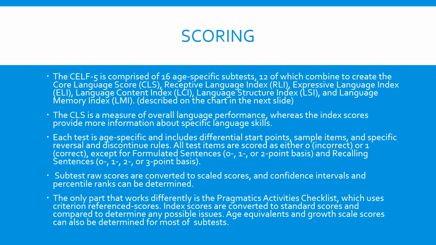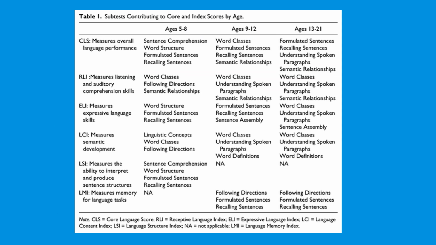And age equivalence and growth scale scores can also be determined for most of the subtests to see where students rank next to kids their own age and how much they may have changed or improved since testing previously. So here you guys can take a look at the subtests contributing to core and index scores by age.